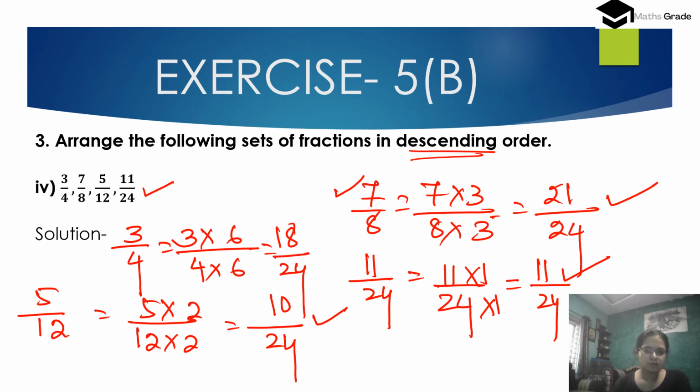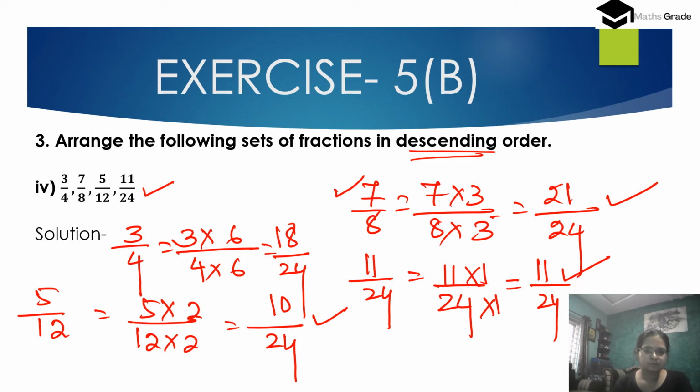Now we have all the denominators of these fractions equal, that is 24. Now comparing these fractions having equal denominators, that is like fractions, we compare the numerators. The fraction having the greater number in the numerator is the greatest fraction.